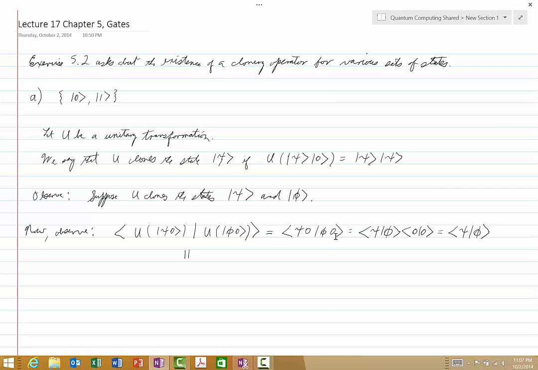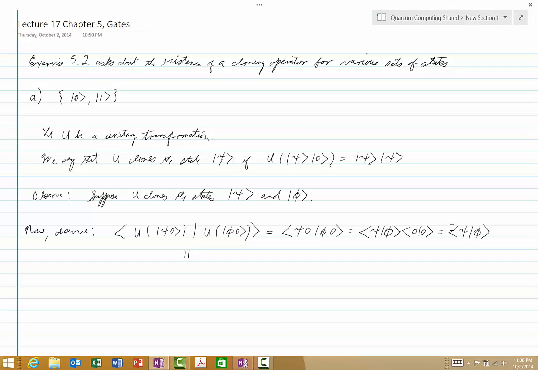Now for the definition of the inner product, when we have a 2-qubit state like this, remember that we'll take the inner product of the first bits. So we have the inner product of psi with phi and the inner product of 0 with 0. That's the inner product of the second bits. And of course, a 0 inner product with itself is equal to 1.